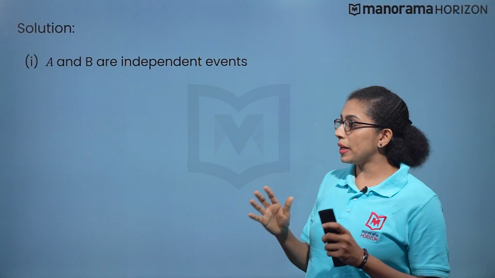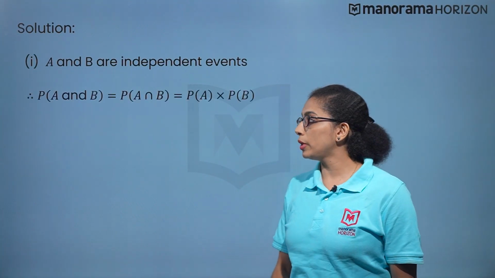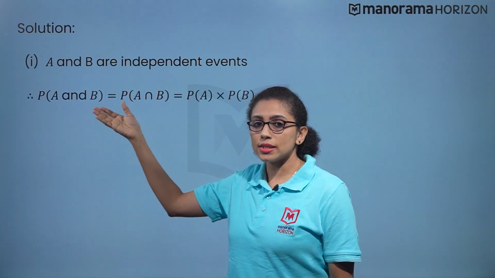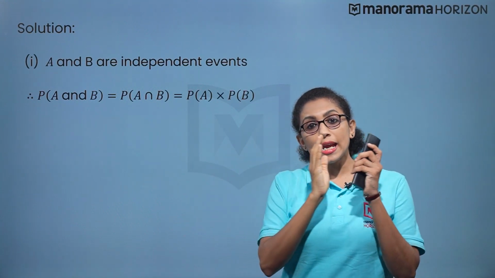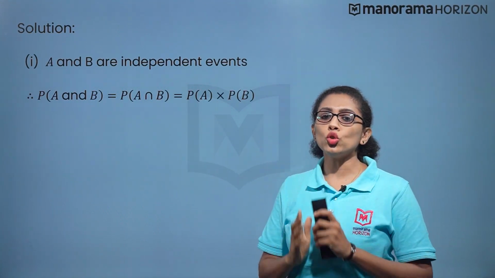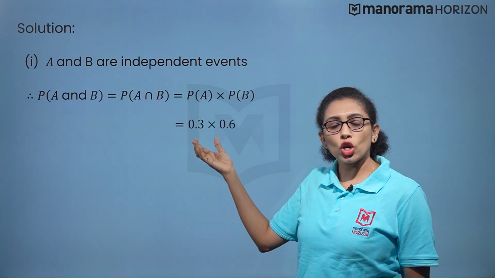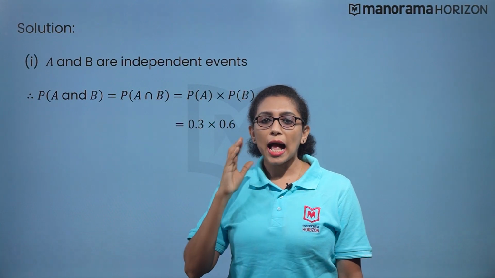Since A and B are independent events, therefore the probability of A and B is nothing but P of A intersection B, which is nothing but P of A into P of B.